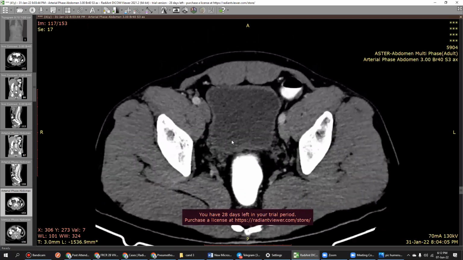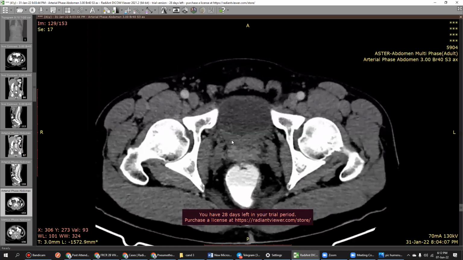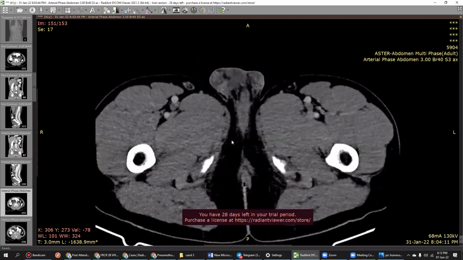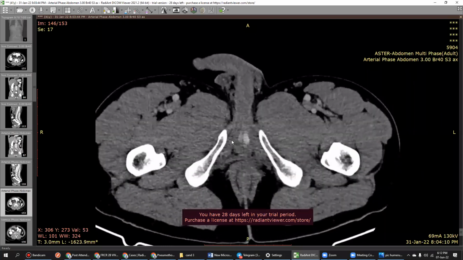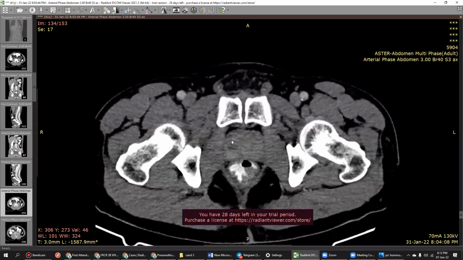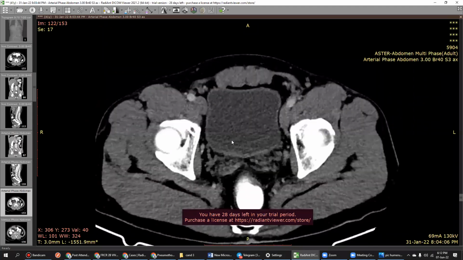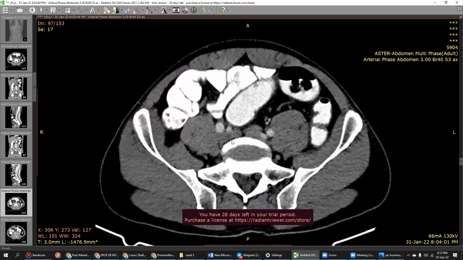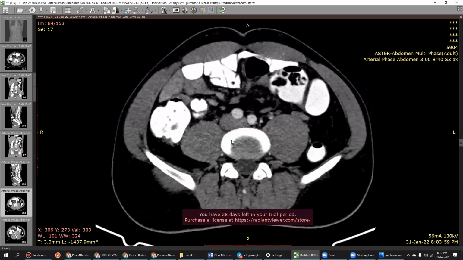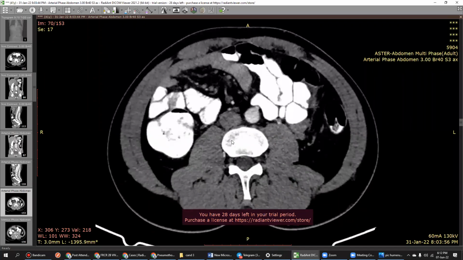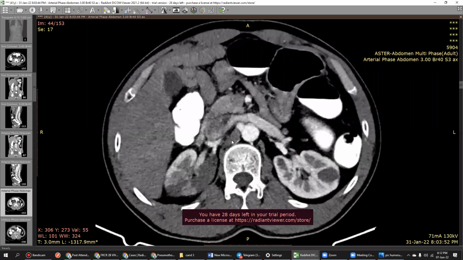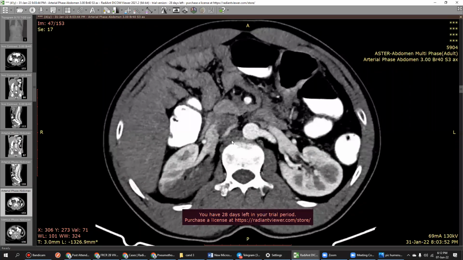This is axial CT of the abdomen and pelvis with oral and IV contrast. The prominent finding in this study, I could appreciate, is evidence of a hypo-enhancing segment of the right kidney.